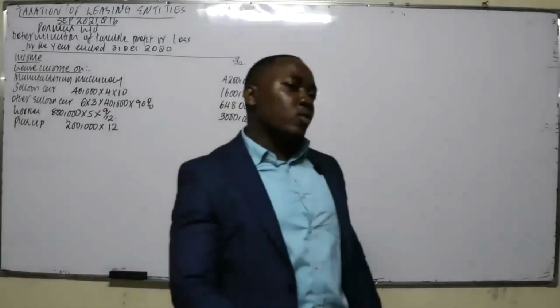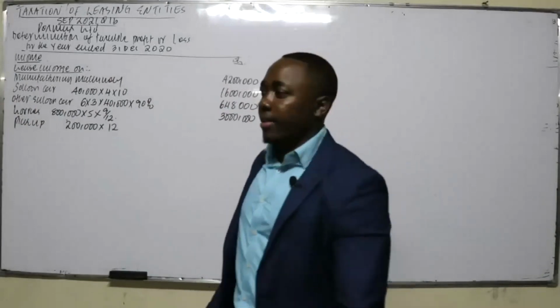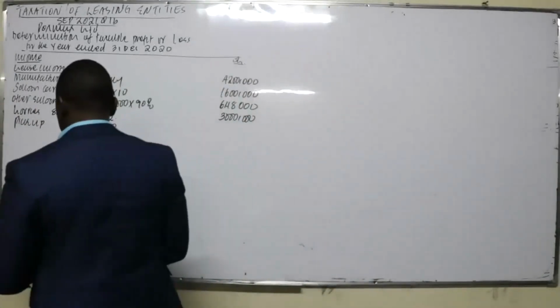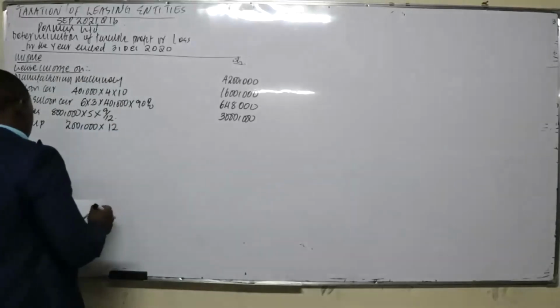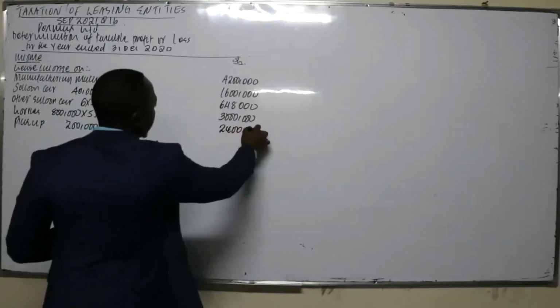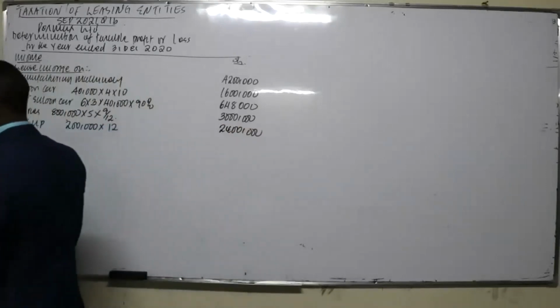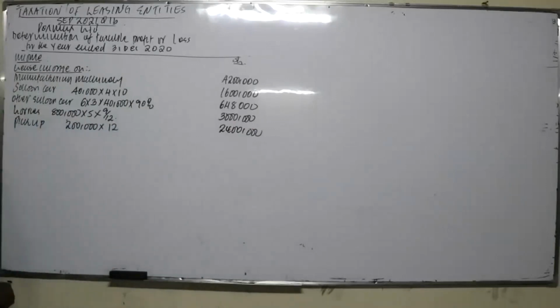You see, you are not told it's 200 for each. It's 200 per month, not for each. That's what they agreed. So get an amount of how much? You get 2.4.